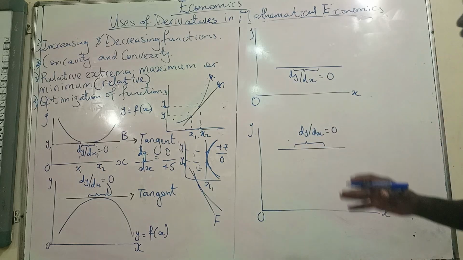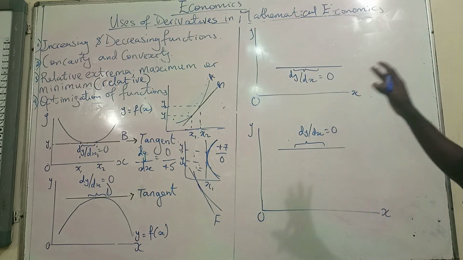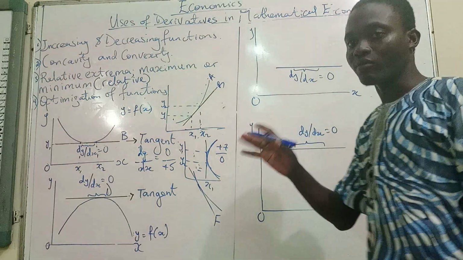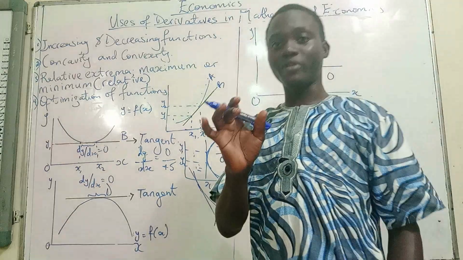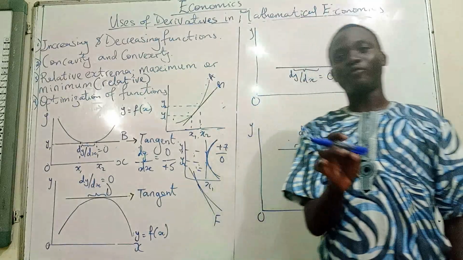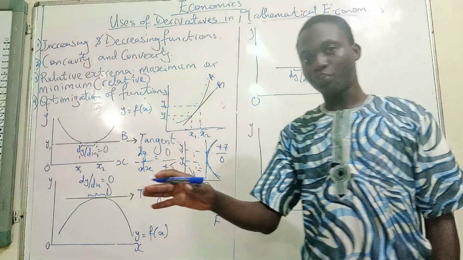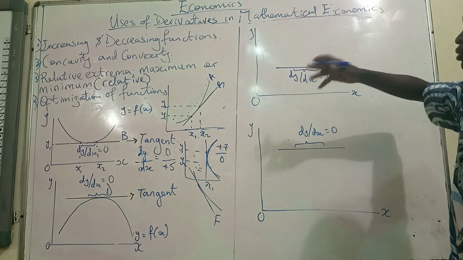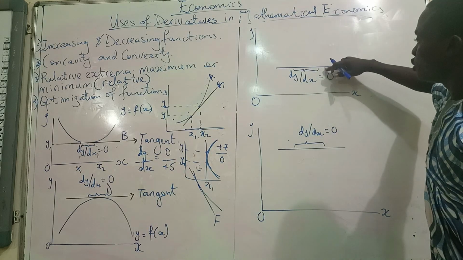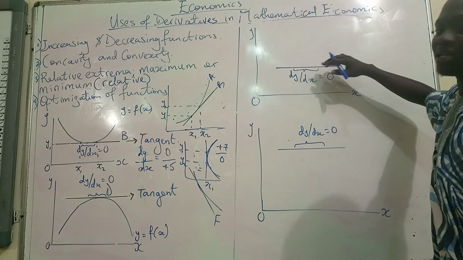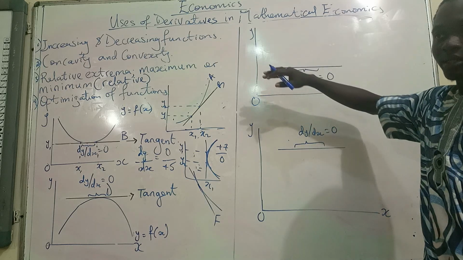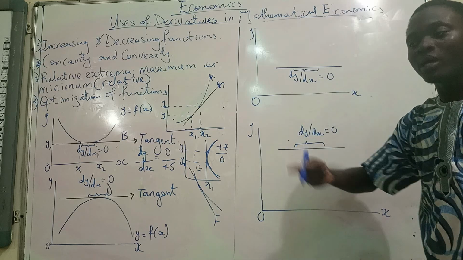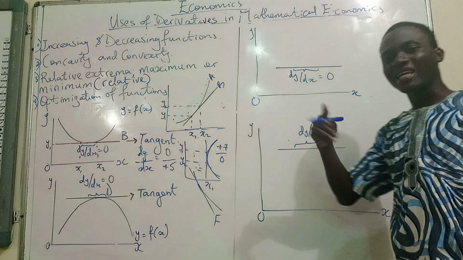Now there are steps. If you were given a function, which is what we'll be talking about in the next video, what you have to do is find the first derivative, then equate it to 0. Equating it to 0 is establishing that the function has a relative plateau. But that doesn't tell us if this function is a relative minimum or a relative maximum, and that is why you have to apply the second derivative.